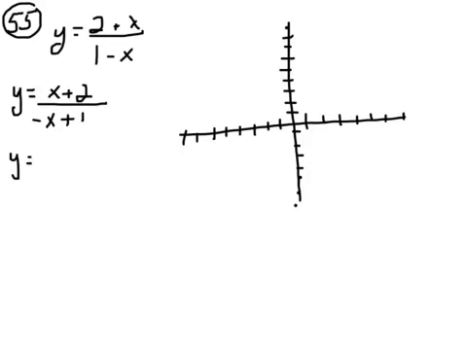I divide the coefficients of the x terms, so it's 1 over negative 1, which is negative 1. So we're going to have an asymptote at y equals negative 1. I'll draw that in here.